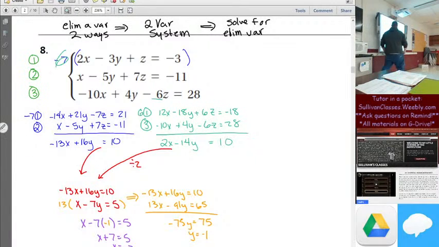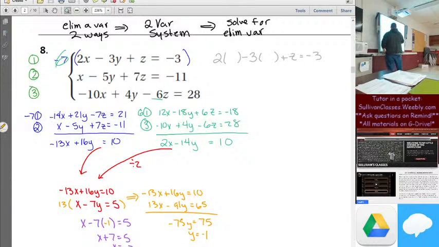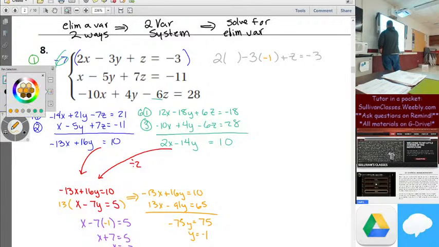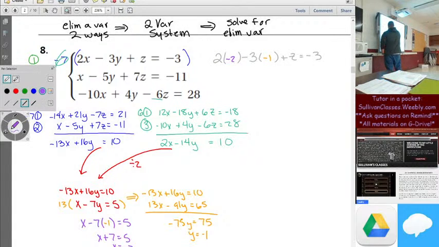Say 2 times thing minus 3 times thing plus z is negative 3. I know y is a negative 1. I know x is a negative 2. Now I'm on down the races.